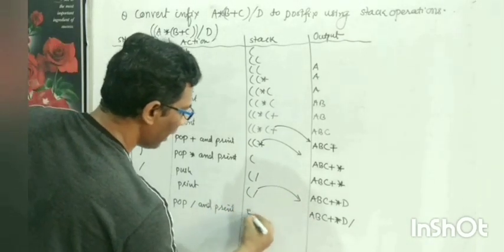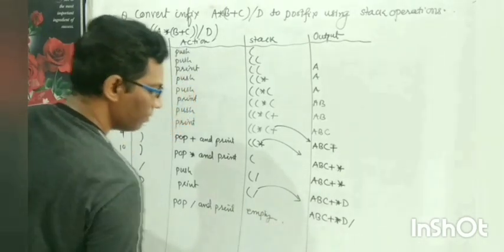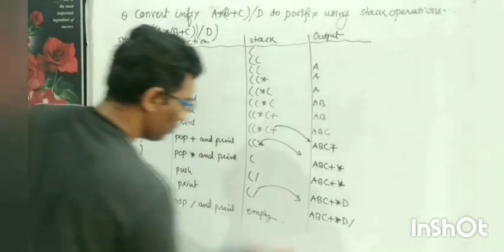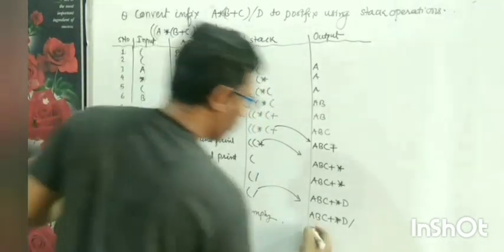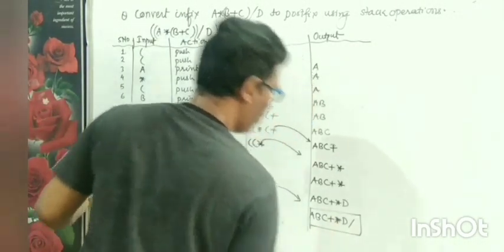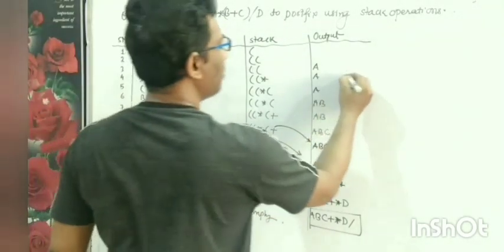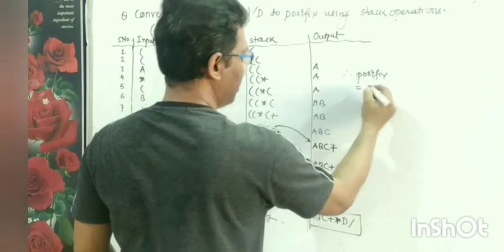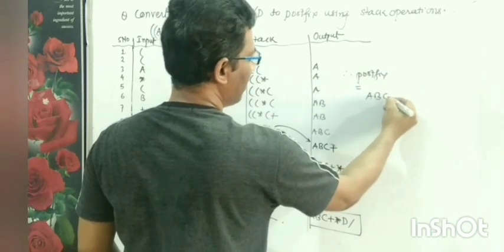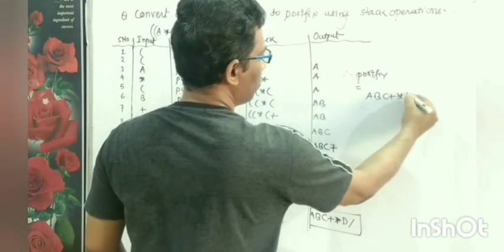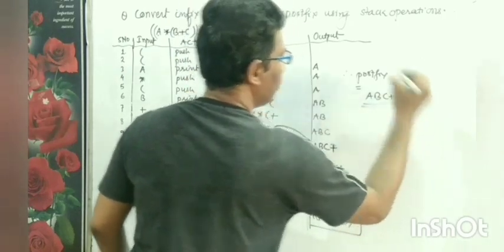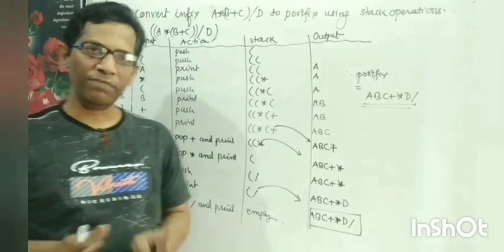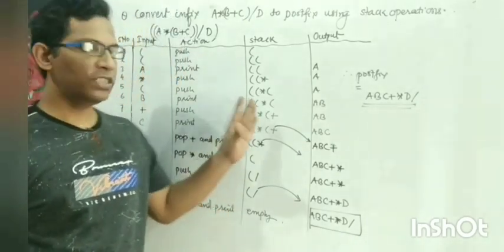So stack becomes empty. So in the output we get the postfix expression. Thus the postfix expression is A, B, C plus into D divide. So this way you can convert an infix expression to the postfix using stack.